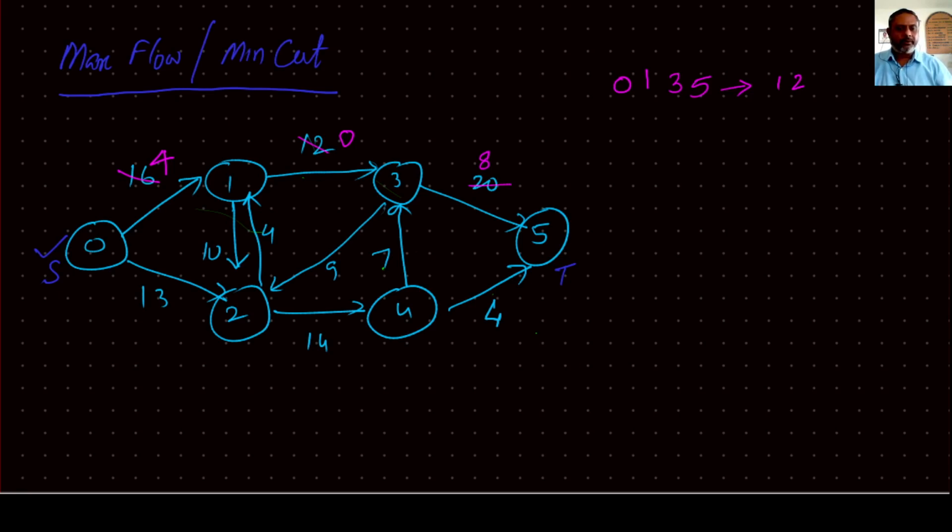Yeah, we can go from 0 to 2, 2 to 4, 4 to 5, a direct path. Yes, we can take it.